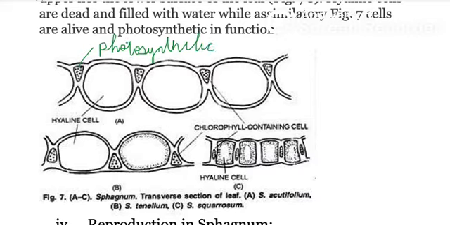So as you remember, the main function of the hyaline cell is to store water, whereas the photosynthetic cell is mainly to photosynthesize or to aid in photosynthesis.